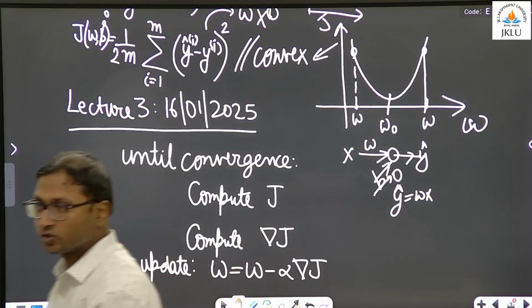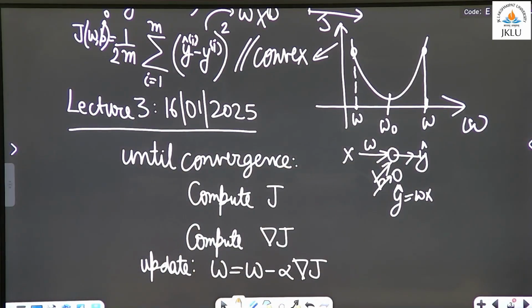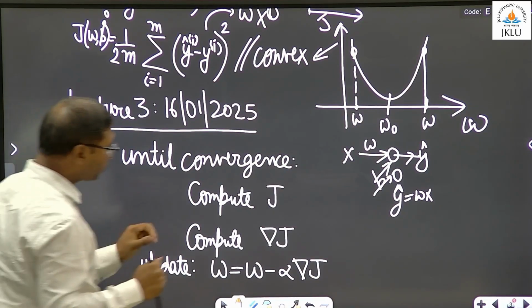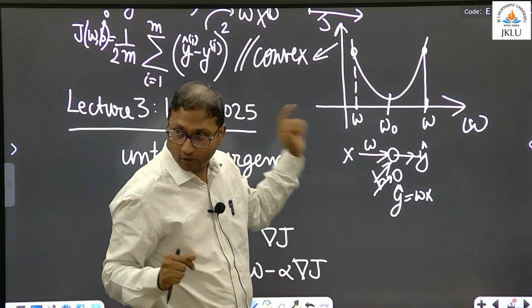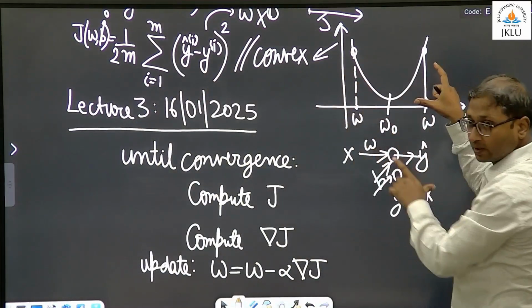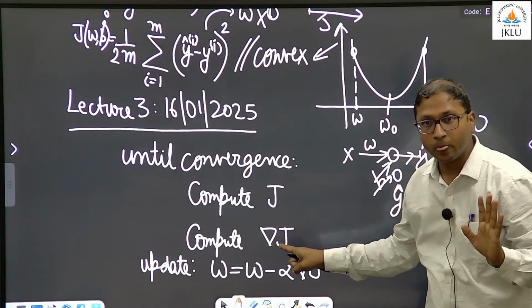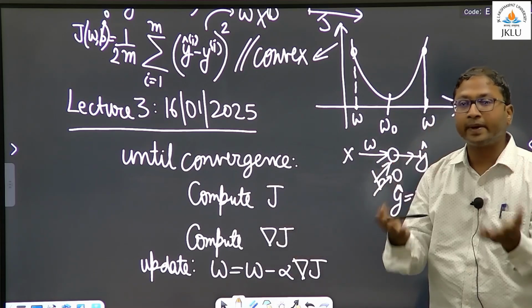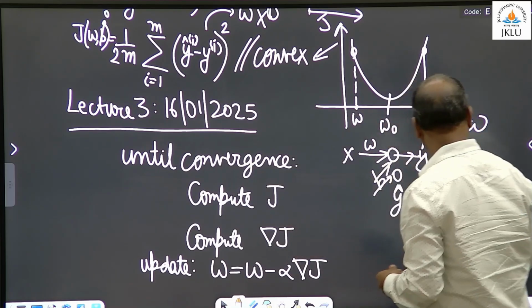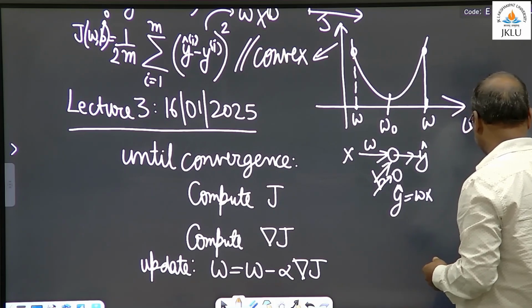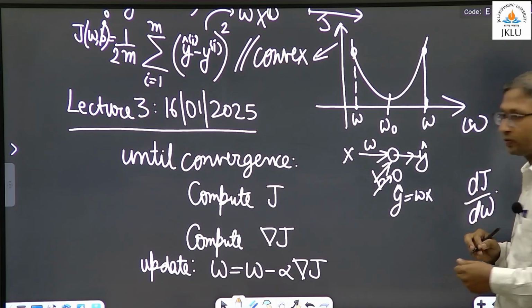How many will say slope? So gradient is a much more general thing. I'll talk about it when we talk about 2D variables. I'll come to that later. But right now, this is just dy by dx. In this case, dJ by dW.